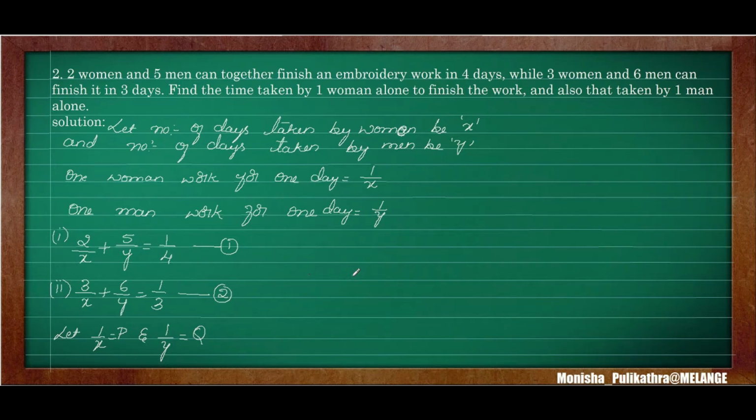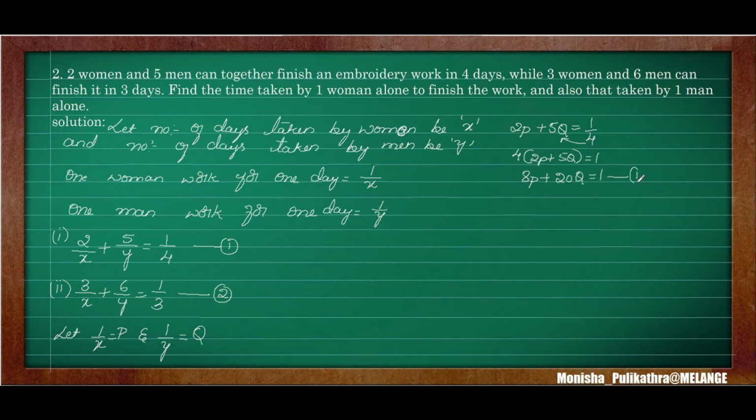Here the first equation will change as 2p plus 5q is equal to 1 by 4, because 1 by x is taken as p and 1 by y is taken as q. If I cross multiply it, it will become 4 into 2p plus 5q is equal to 1. It becomes 4 2s are 8p plus 4 5s are 20q is equal to 1.